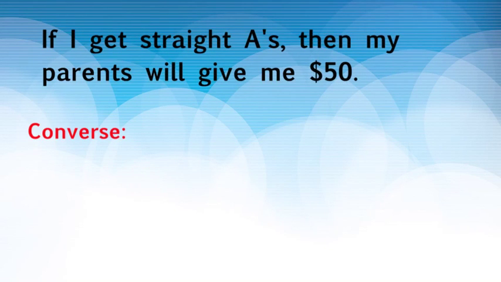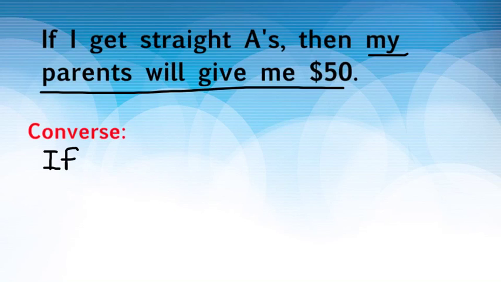Now, in addition to identifying the hypothesis and conclusion, I'll ask you to do several other things. I'll ask you to write the inverse, the converse, and the contrapositive to a statement. And we'll start with the converse. The converse is going to be basically just to take this and switch it. So we write the conclusion first. So for example, if my parents give me $50, and we can change the wording a little bit, and we can even make it past tense.